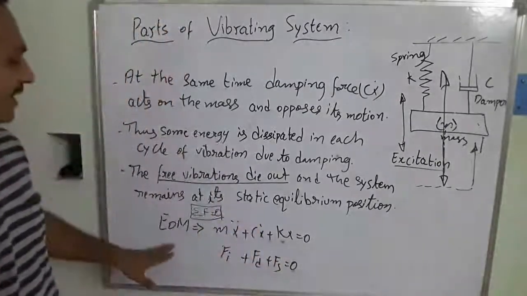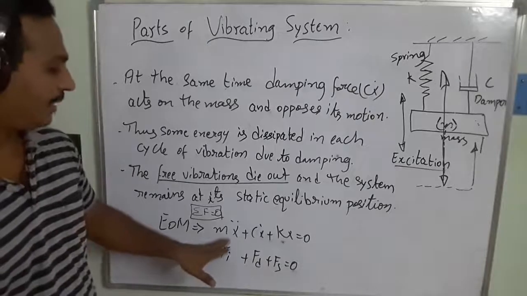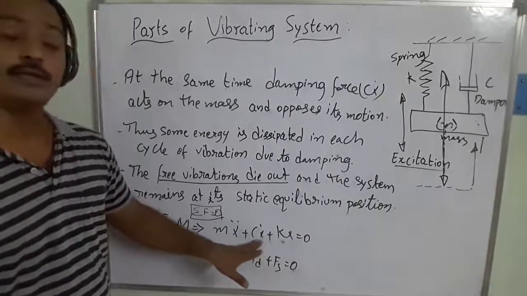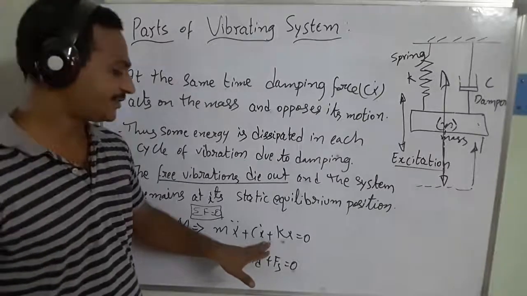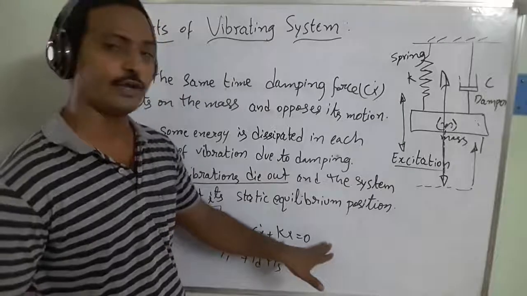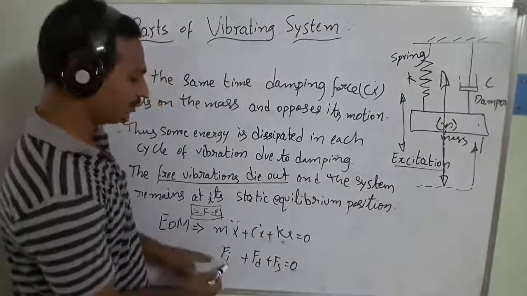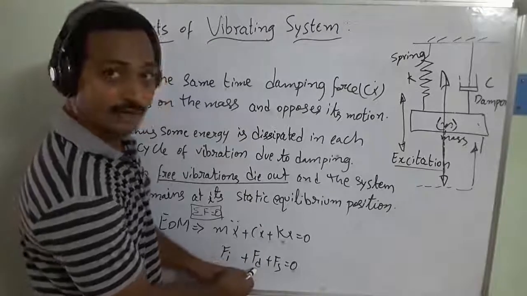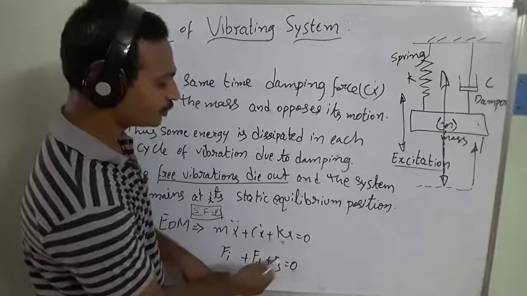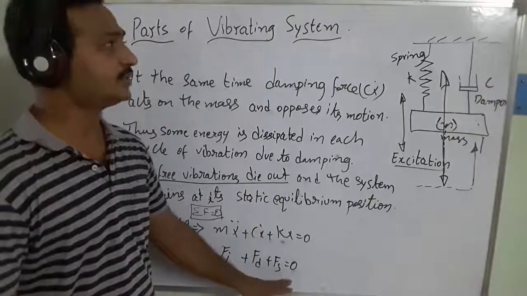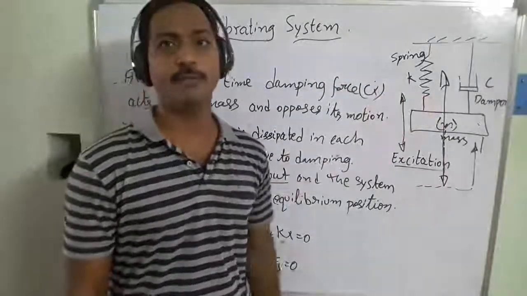So the equation of motion that we have derived is mass times acceleration plus damping coefficient times velocity plus spring stiffness times displacement equals 0. What is this? This is the inertia force, the term c times velocity is your damping force, and kx is our spring force. This way the vibrating system works out.